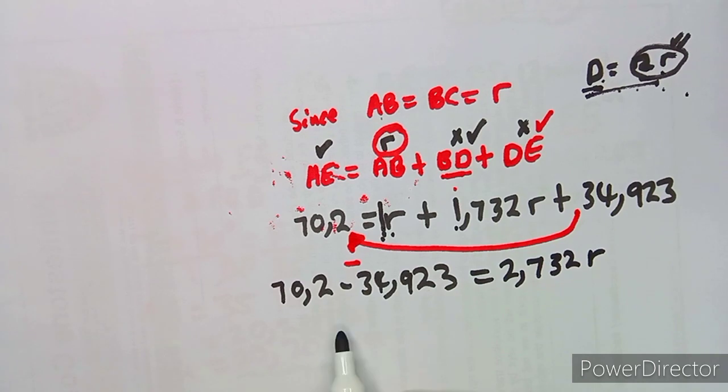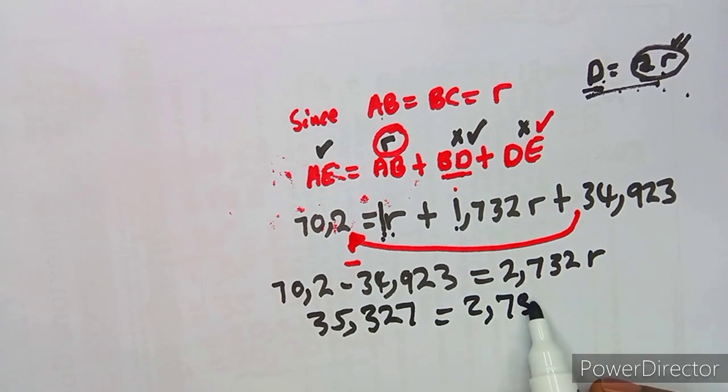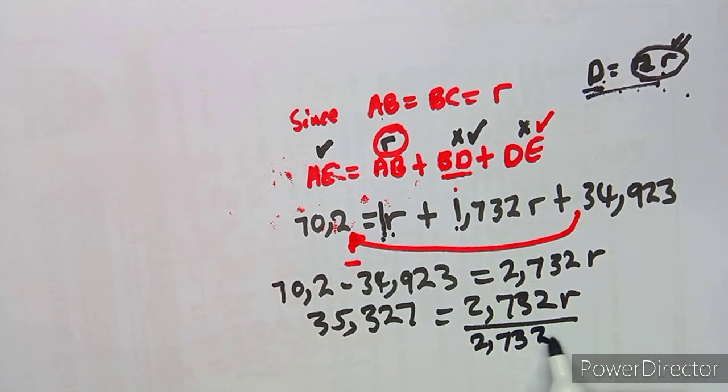You subtract these two, you are going to obtain 35.277, which is equal to 2.732R. So definitely to find R, you have to divide. Remember guys, from your mathematics, you have to divide this.